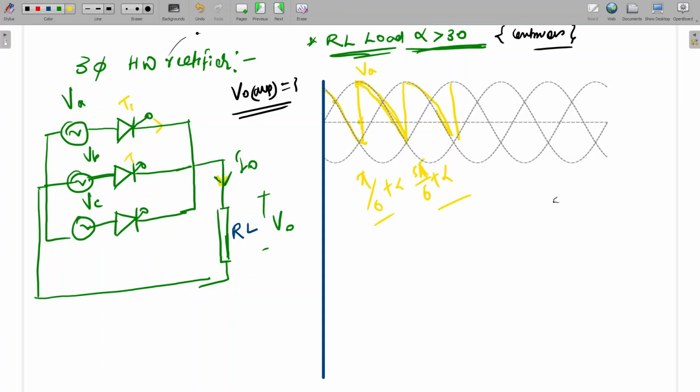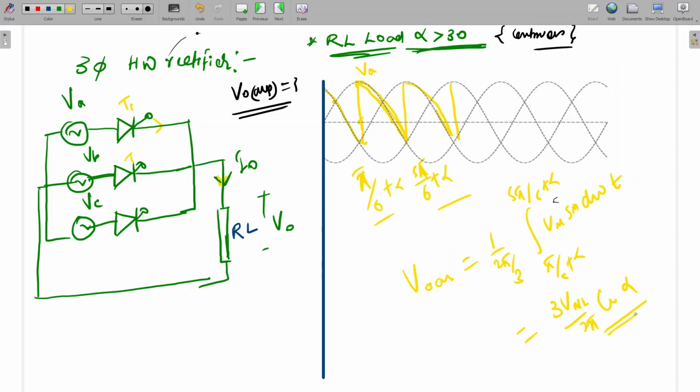So the output voltage expression will be the same. VO average will be 1 upon 2 pi by 3, pi by 6 plus alpha to 5 pi by 6 plus alpha, Vm sin omega t d omega t. So this will become 3 VmL upon 2 pi cos alpha. Is it clear?